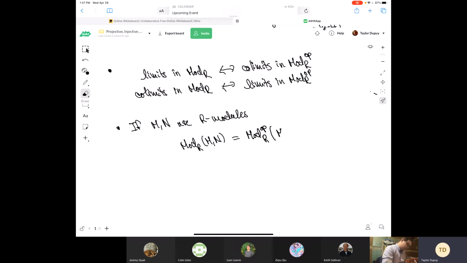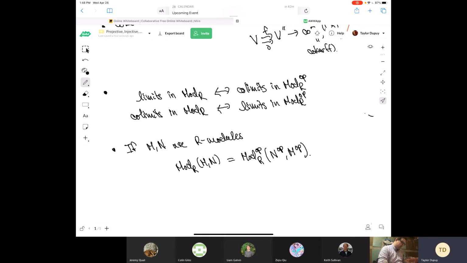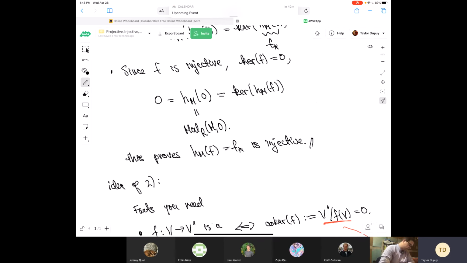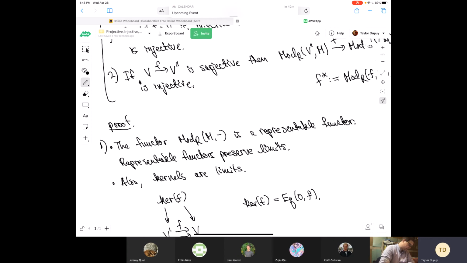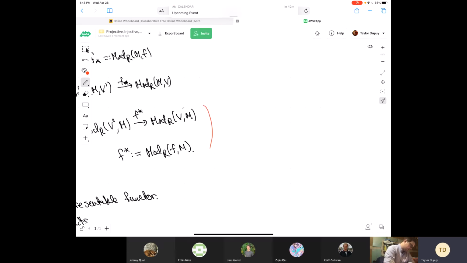Now we have to flip it. I claim that this seemingly contravariant functor here is representable in the opposite category.